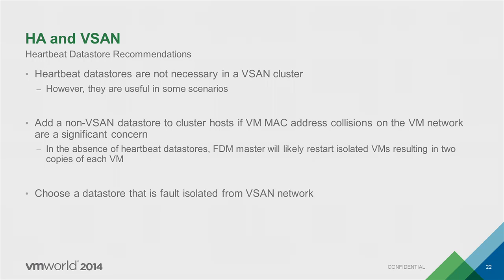The problem is the vSAN network is down, which is why there is a host isolation, and because you don't have any data stores, the master is going to restart the VM. But the VM network could be up. Now with 2 powered-on VMs, you have a MAC address collision on the VM network, which you clearly want to avoid. So it's not required, but if it is not too big a deal, it's recommended to provide heartbeat data stores.